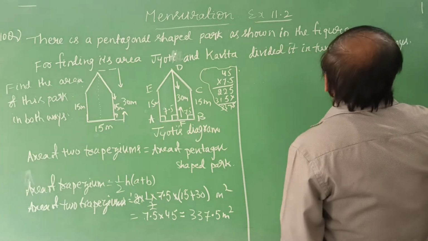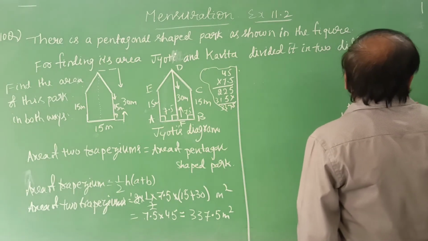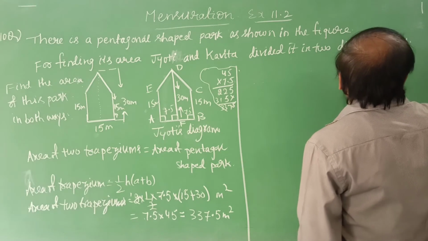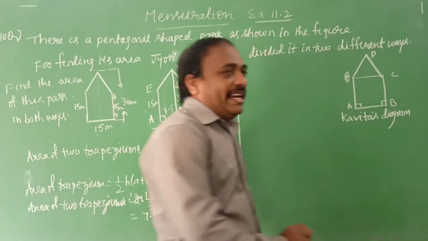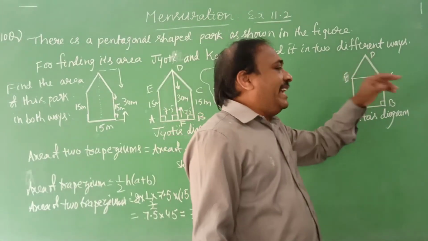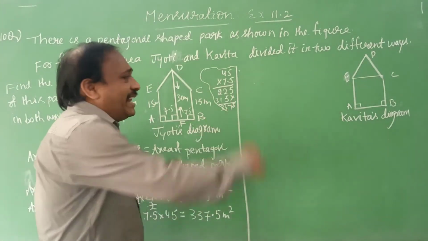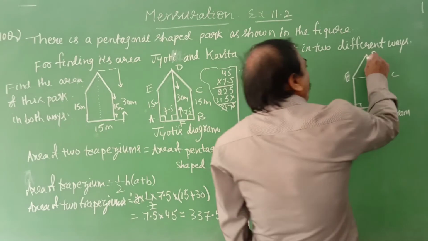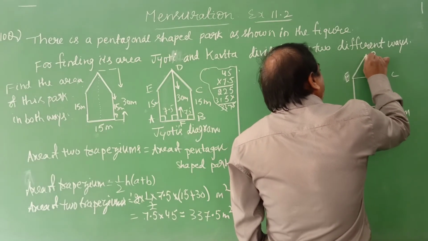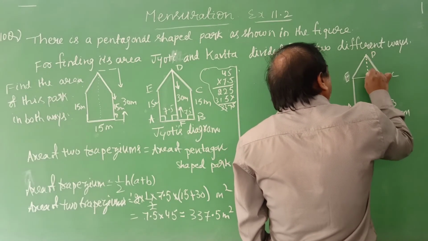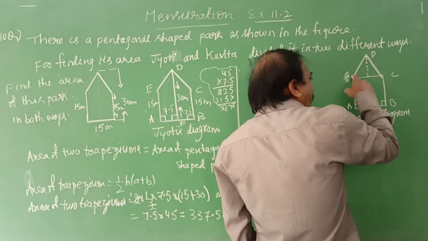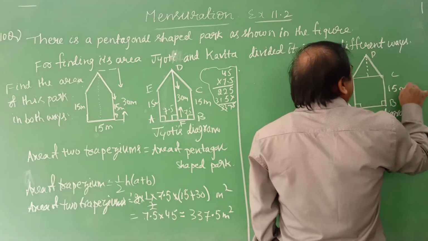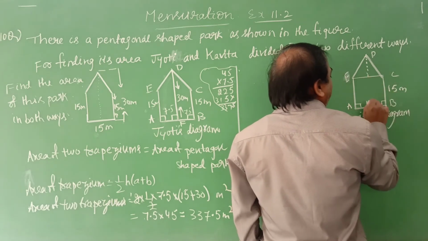So we give the names A, B, C, D and E. So A, B, C, E is a square and D, E, C is a triangle. So square area we know, and observe the total length from top to this end, 30, and from here to here it is 15 meters, and this is also 15 meters.